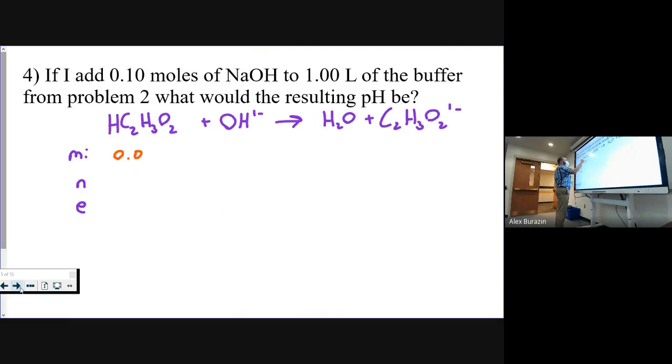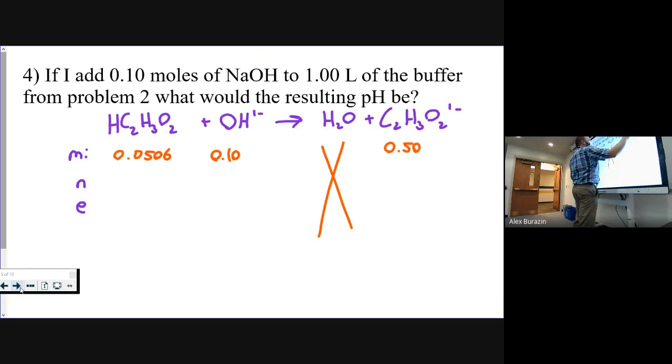Yeah, 0.6. Thank you. How much of the base did I add? How much of the conjugate base did I have in my buffer? I think it's 0.5, wasn't it, for the second one? Yes. Where's that from? Problem number 2. Yeah, it's the top number, right? Yes, correct. Oh, I think I got it. Acid, base, what happens? Yep, until something's gone. H2, C2, H3.